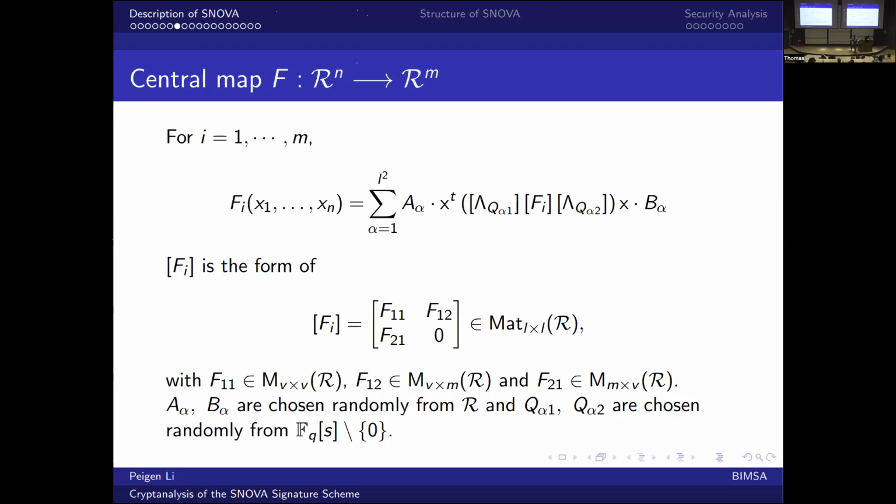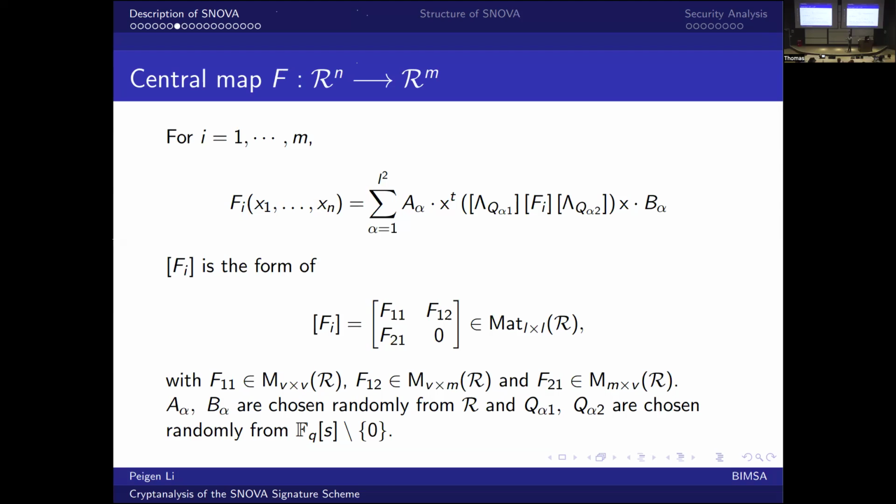Next, just like the UOV structure, we first construct the central map. Fi equals such a complex system, but the matrix Fi in the center is of the same form, just like UOV.